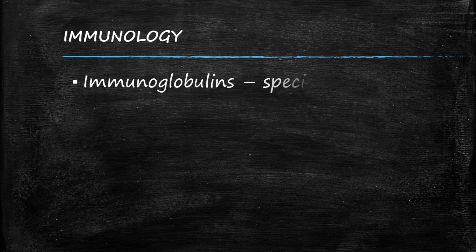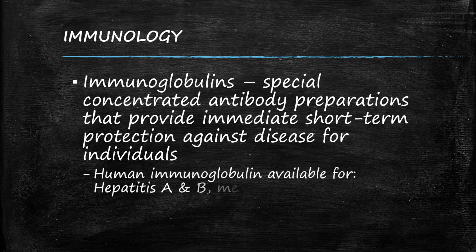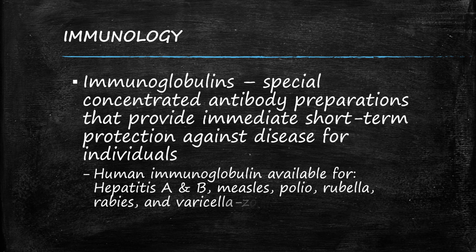Also in immunology, we talk about immunoglobulins. Immunoglobulins are special concentrated antibody preparations that provide immediate short-term protection against disease. The person receiving it, their immune system doesn't have to act. The antibodies are already prepared for them so that they can get the immunity without a stimulation of their own immune system.